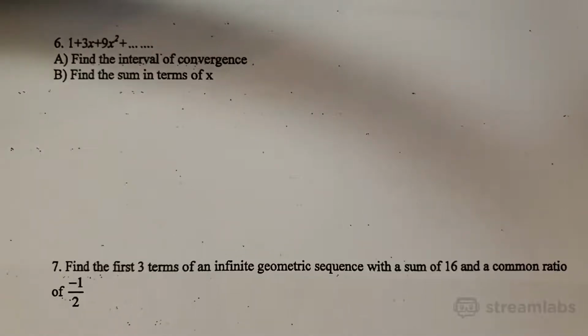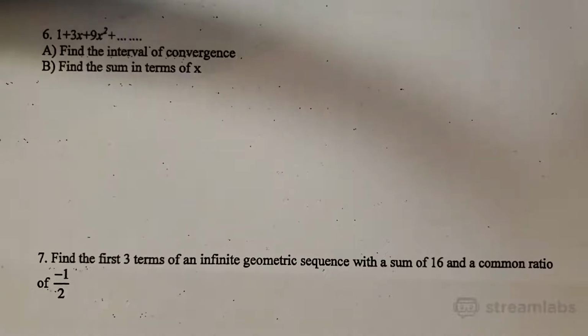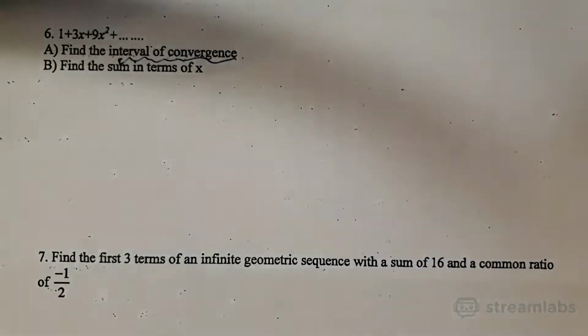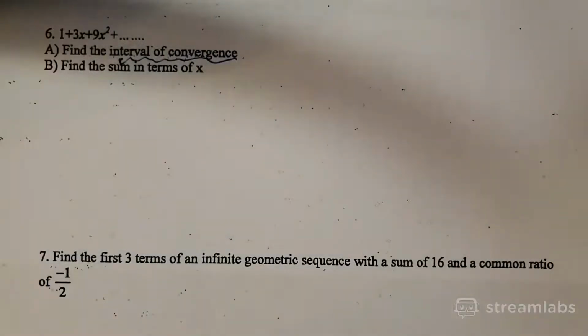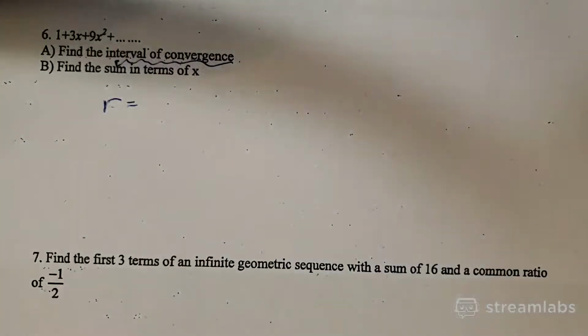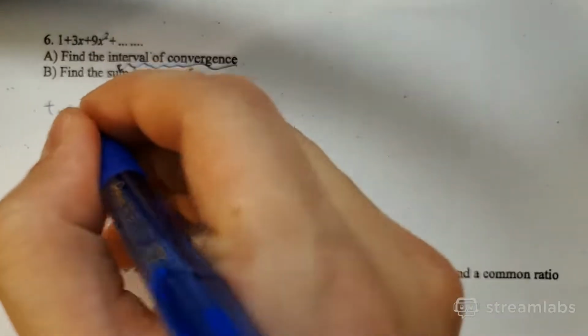So what is the interval of convergence? You see this x, right? Can you tell me what the ratio is right now? What is it multiplying by? Obviously the first term is 1.